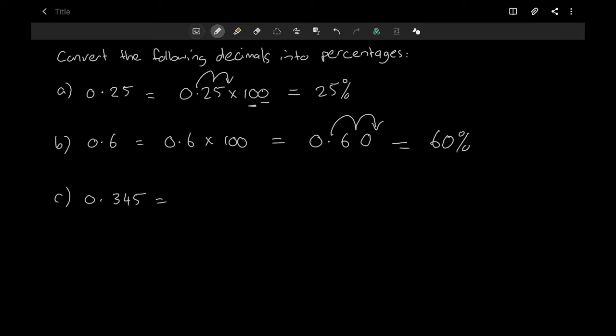And the final example, converting 0.345 into a percentage. Again, we do exactly the same thing. We write down 0.345 and we multiply that by 100. We move the decimal point over twice. So 0.345 multiplied by 100 becomes 34.5%.